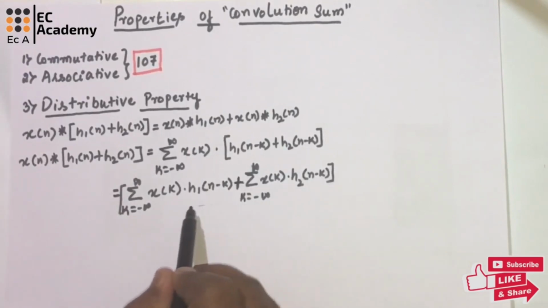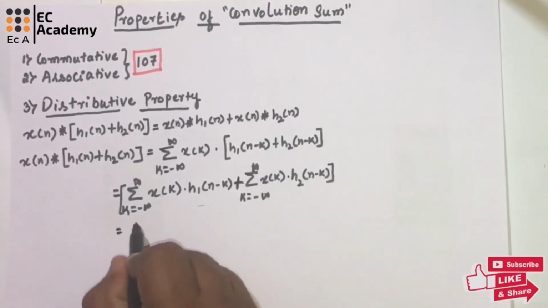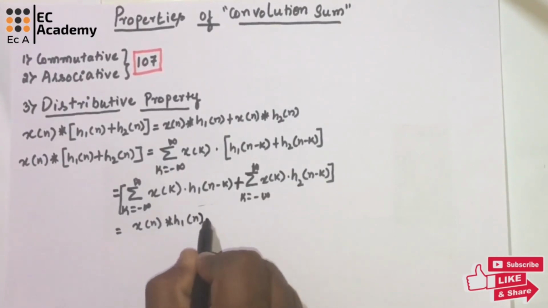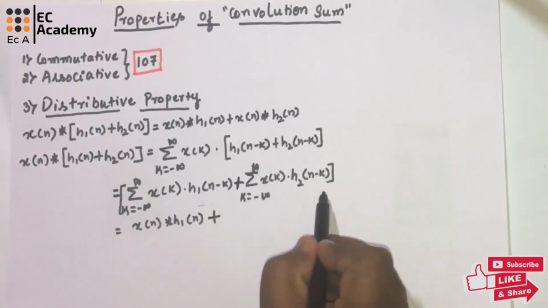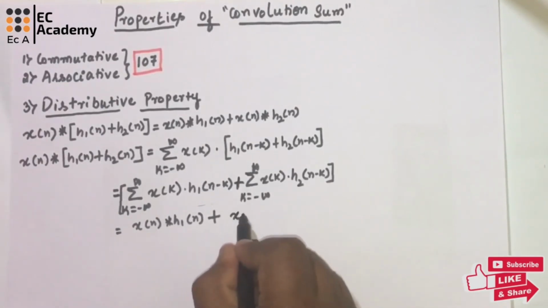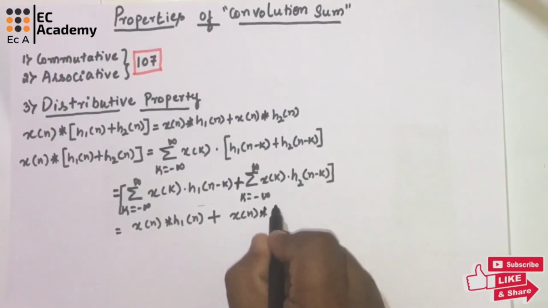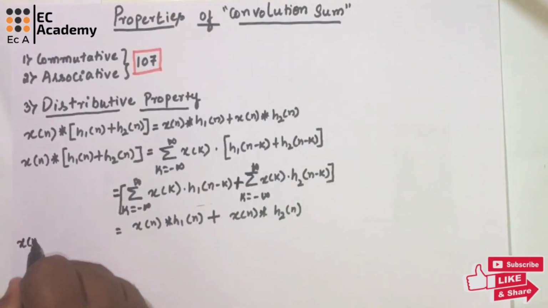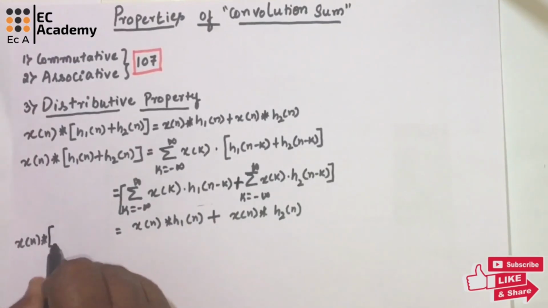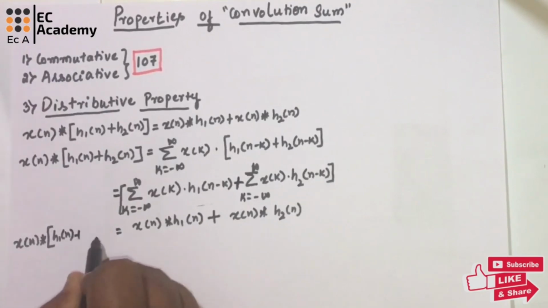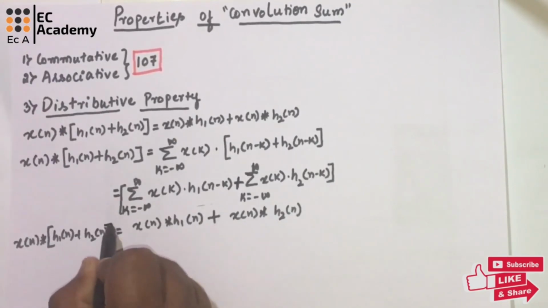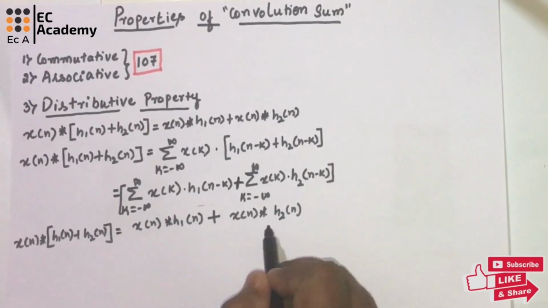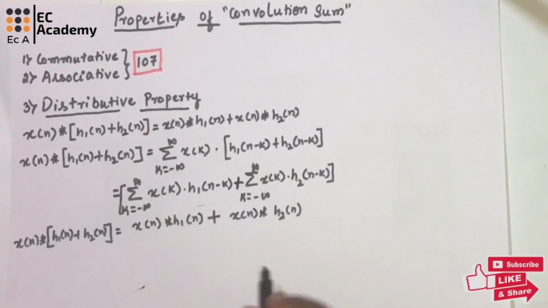So this part of the equation we can write it as x of n convoluted with h1 of n plus the second part of this equation we can write it as x of n convoluted with h2 of n. So we have proved x of n convoluted with h1 of n plus h2 of n can be written as x of n convoluted with h1 of n plus x of n convoluted with h2 of n.